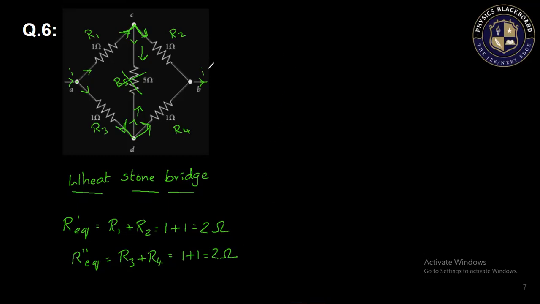Now, if you redraw this circuit, these two together you can take as one resistor and these two as one resistor. Let's say this is R dash, this is R double dash. Now you can see that the current which is passing from point A to B is dividing across R dash and R double dash. So we can say that these two now are in parallel.